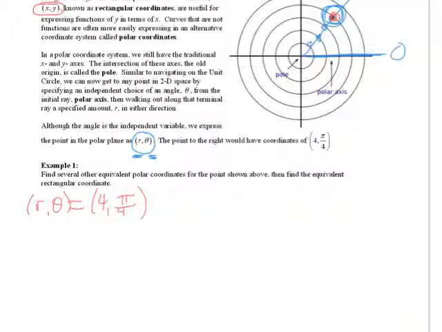So we also have (4, 9pi/4). That's an alternative coordinate for the exact same location, because we count 1/4, 2/4, 3/4, 4/4, 5/4, 6/4, 7/4, 8/4, 9/4. So 4 units out, 9 pi fourths around is right there. We could keep going several circles around. We could go another 2 circles from that point, and we'd arrive at 17 pi fourths. So there are some equivalent points.